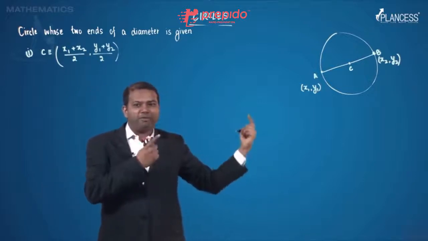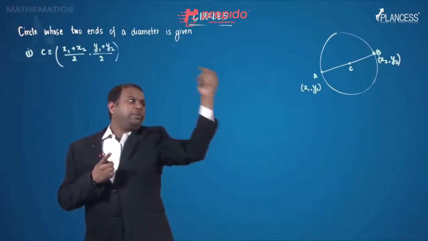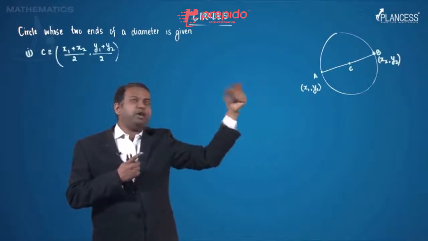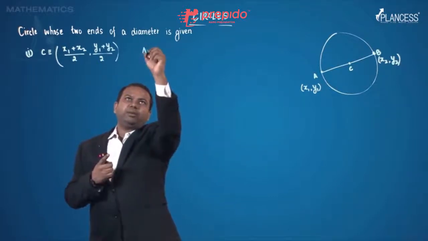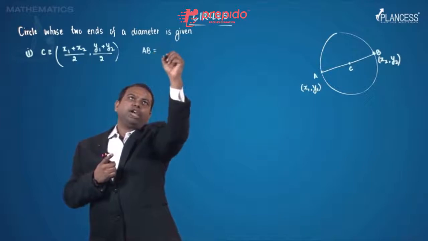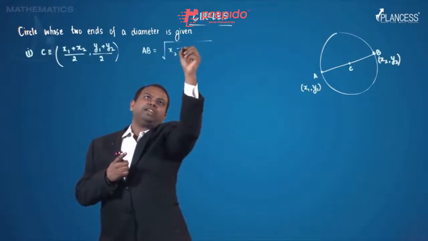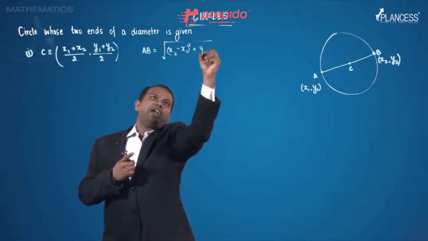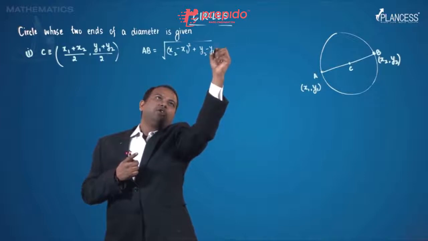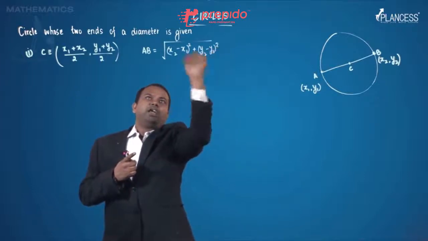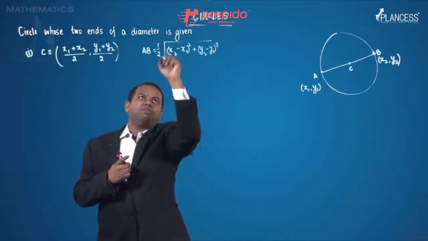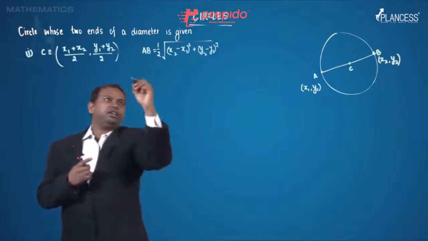Radius will be half of the diameter. The diameter is the distance AB, which can be calculated by using the distance formula. So AB is nothing but under root of x2 minus x1 whole square plus y2 minus y1 whole square, and we have to multiply this by half because we are trying to find the radius.